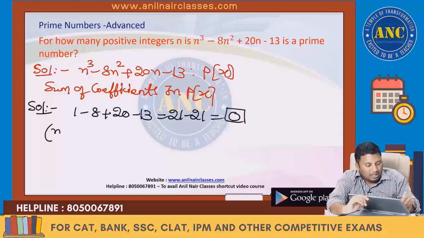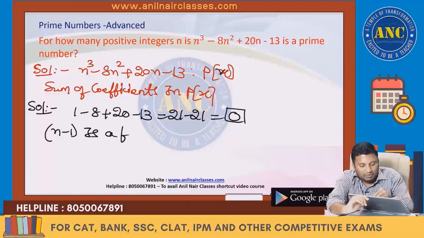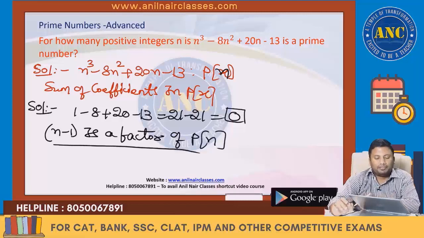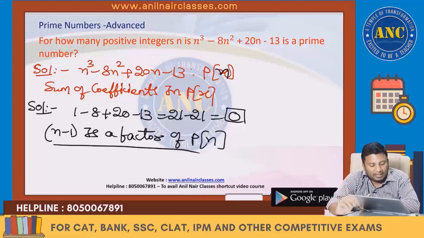That means n minus 1 is a factor of P of n. So, we determined one factor is n minus 1.